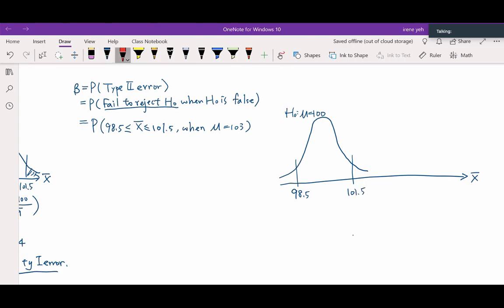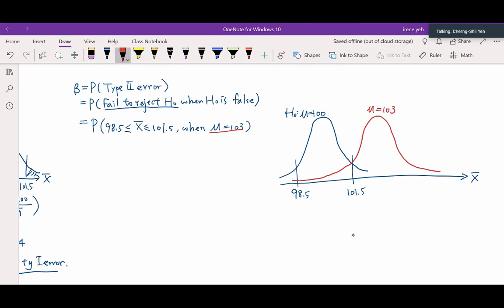And where is my true population mean? My true population mean is slightly on the left, but there will be overlap right here. Okay, this is the true population mean. So where's my beta?